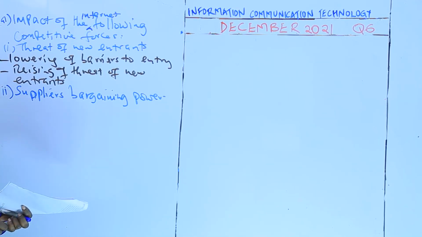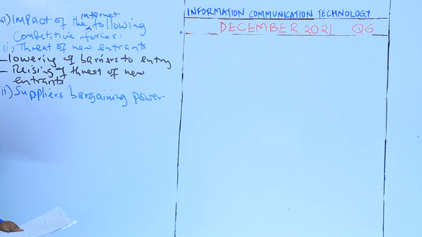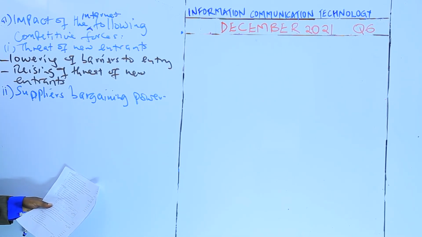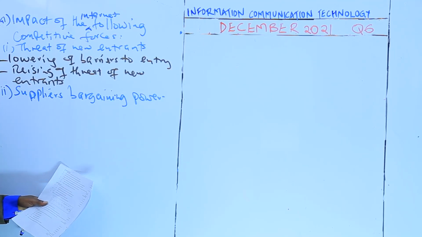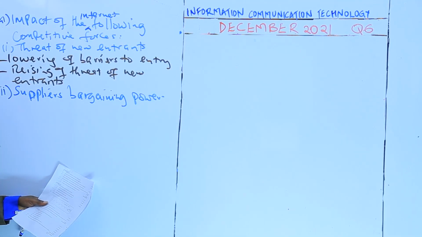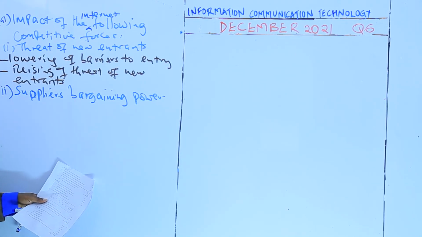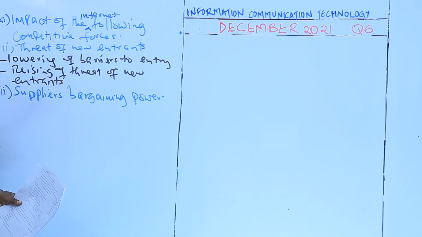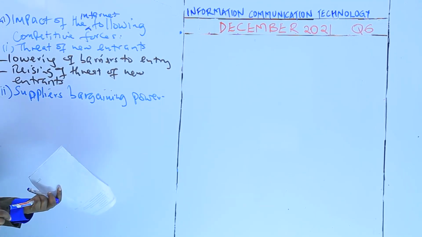Do you understand? The bargaining power of suppliers is a competitive force. So through the internet, suppliers have more options and opportunities.